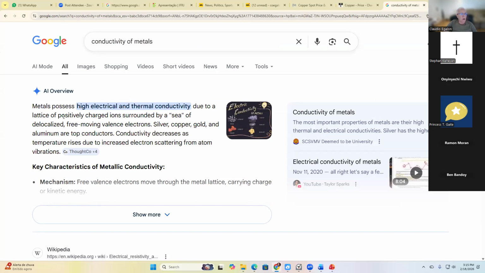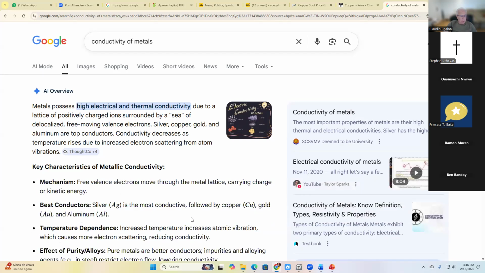Due to a lattice of positively charged ions surrounded by a sea of delocalized free moving electrons. That's why metals are very good thermal conductors and very good electrical conductors, because of those free electrons that belong to the outer orbitals of the atom. Those are called the free valence electrons.